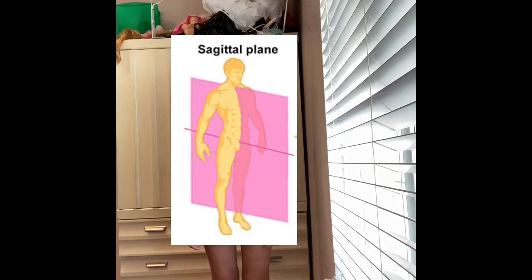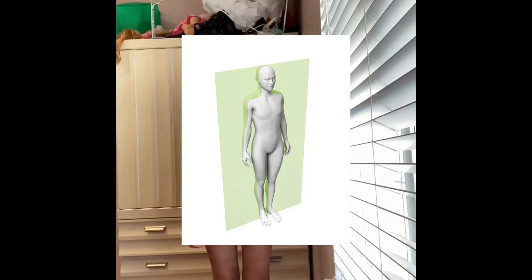So I think this is what medical professionals use before performing a surgery. It kind of tells where they cut the body. So the first term is a sagittal plane. This means that the body is divided into right and left portions. The frontal plane is perpendicular to a sagittal plane and divides the body into anterior and posterior portions.